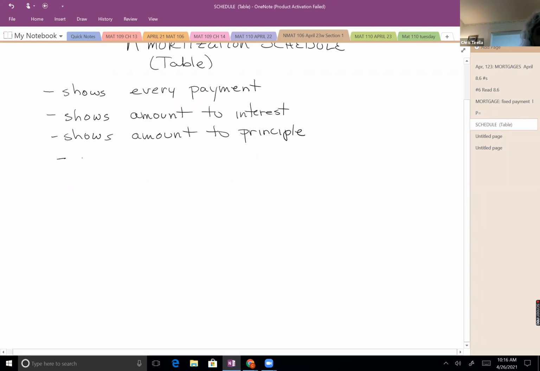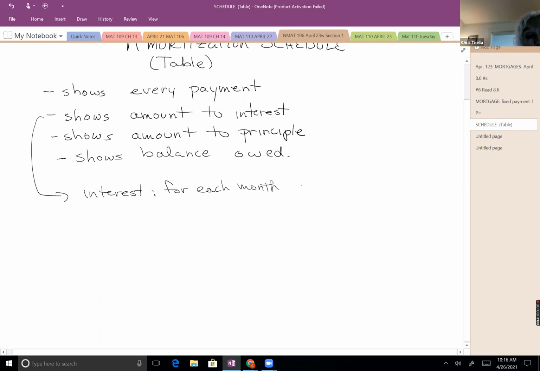And it shows the balance owed. For the part that's interest, for each month, we're going to use simple interest, where I equals PRT, but T is going to be 1/12 because we're looking at a time period of 1 month.